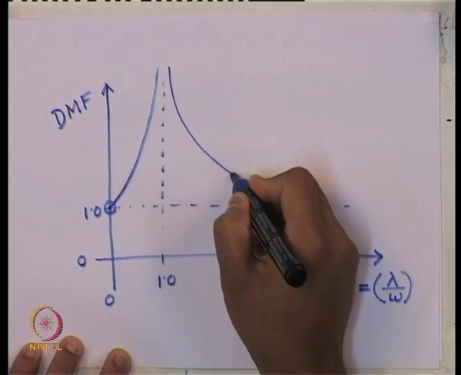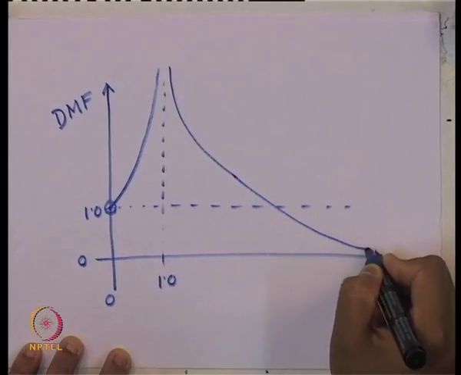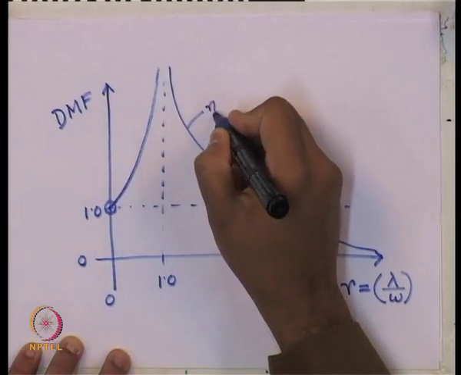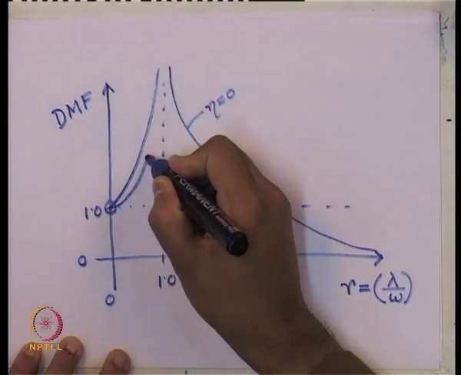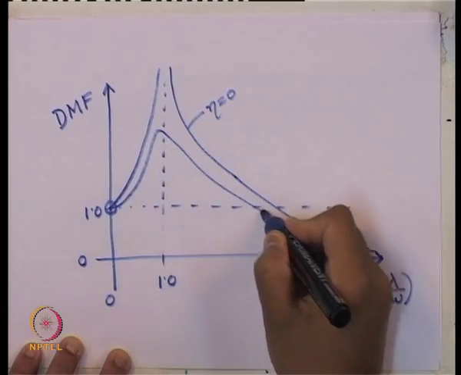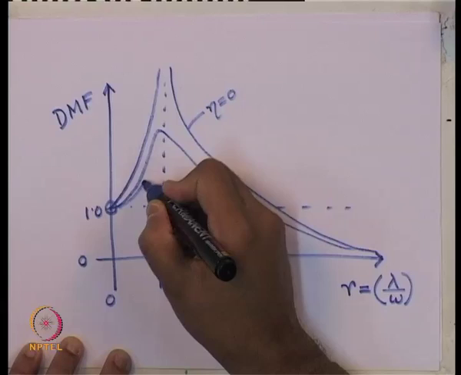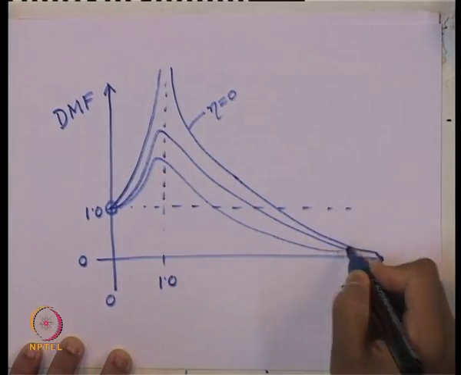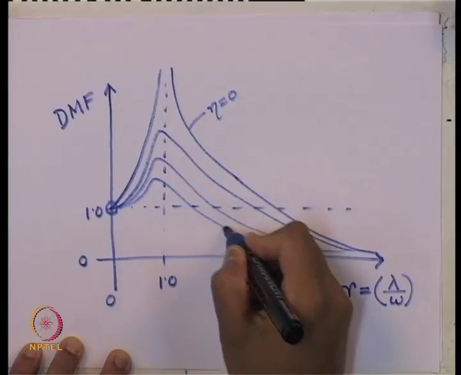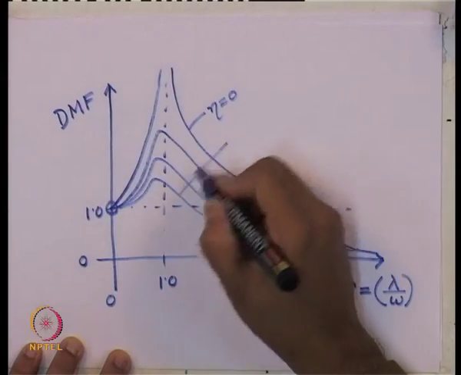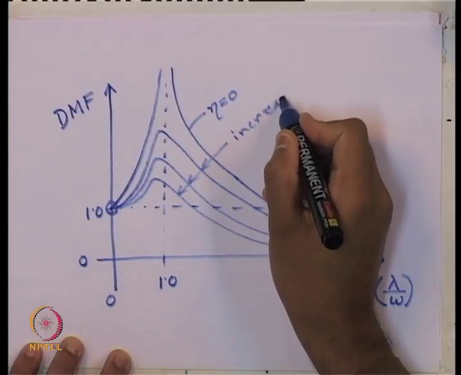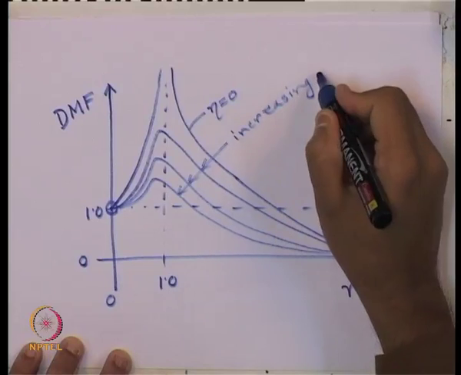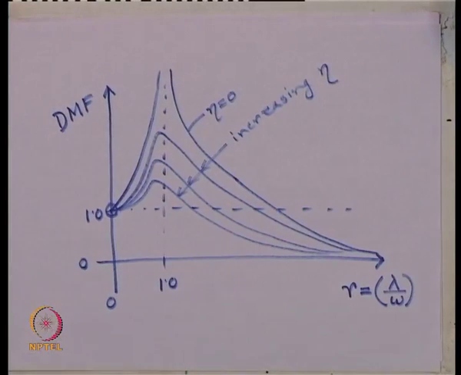Here also it comes from infinity and goes to 0, for the undamped case, eta equals 0, but for damped conditions the variations are like this, with increasing eta. So, that is what we had seen in the previous lecture.